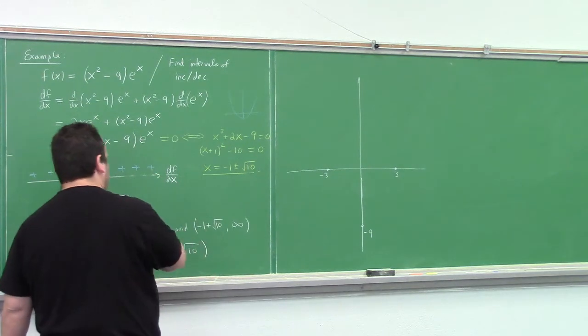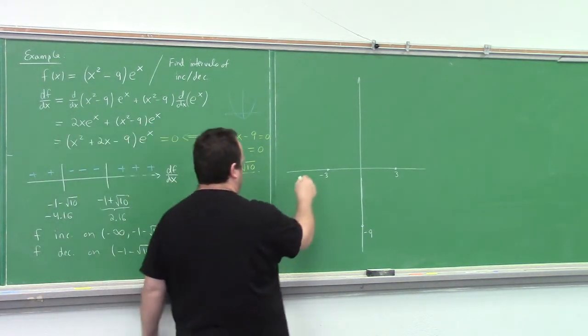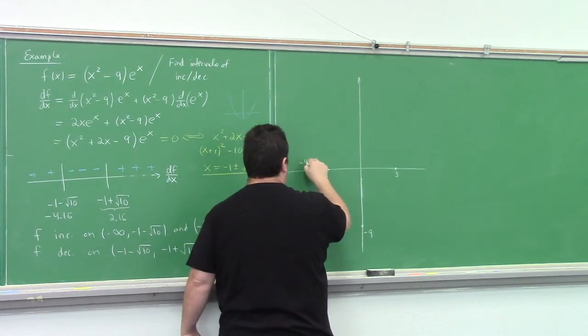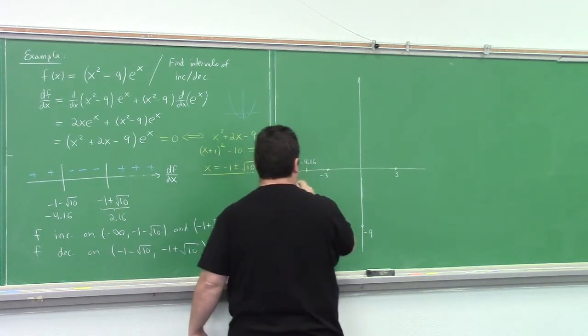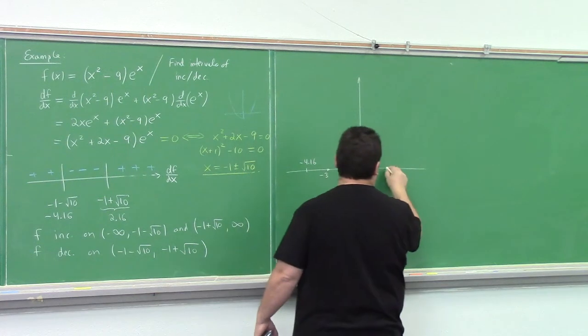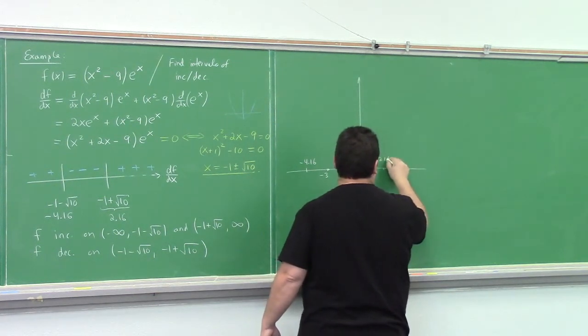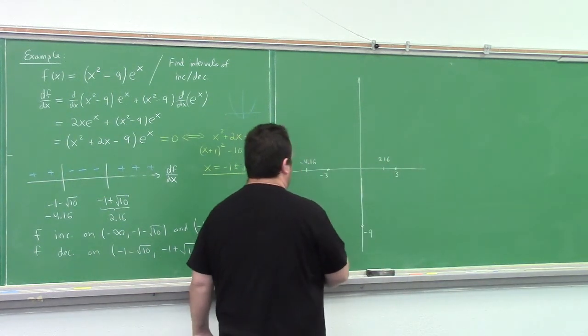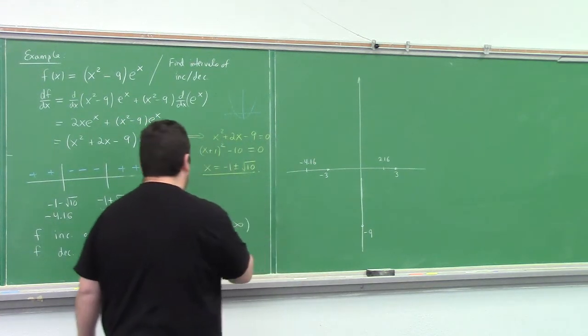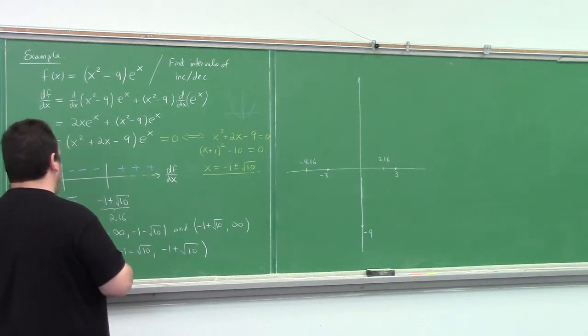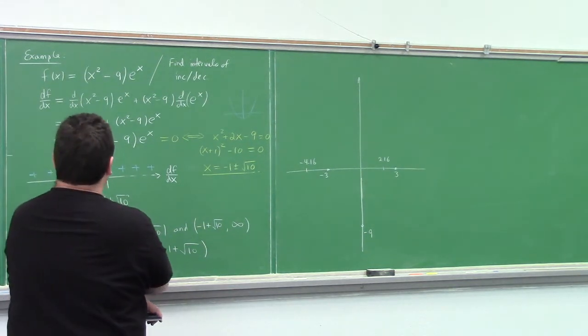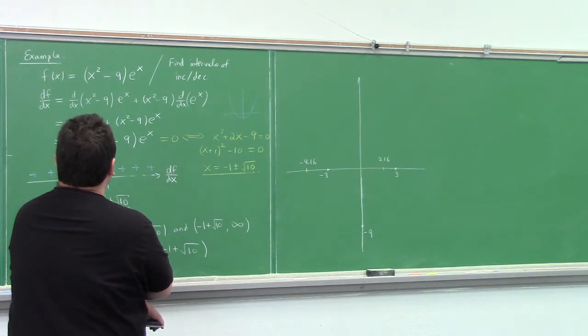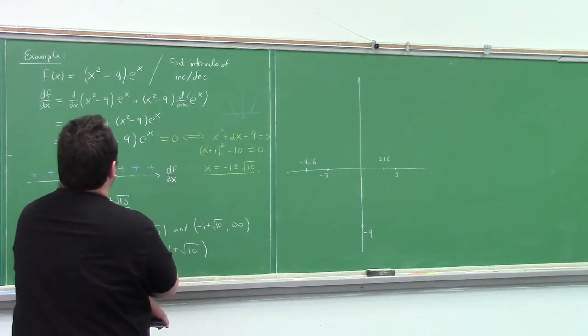It is increasing on, let's see, in minus 1, it says minus, so minus 4.6 is like over here. And 2.16 is like over here. And so we said it was what? It was increasing. Oh, I was wrong.